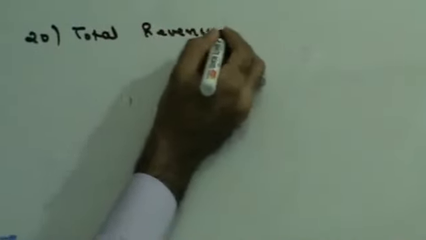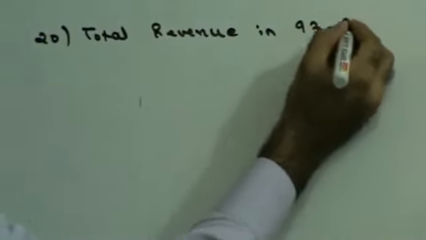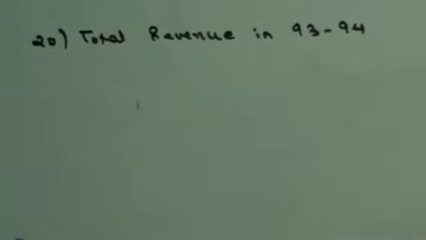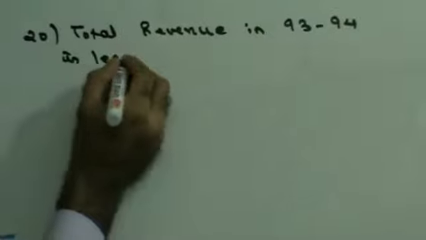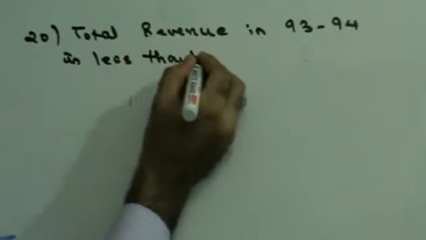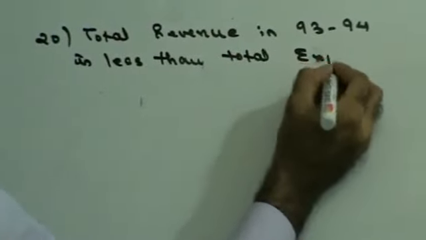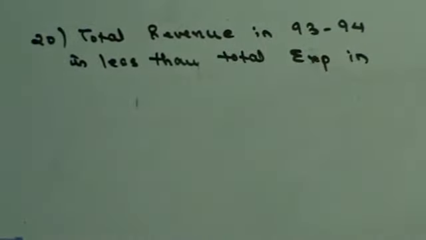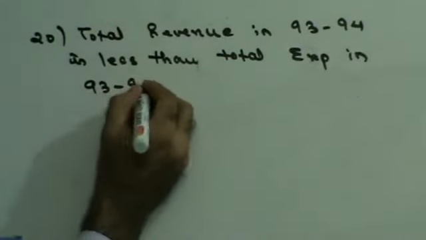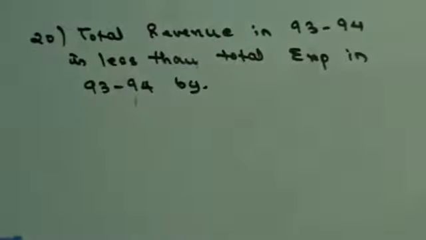Total revenue in 93-94 is less than total expenditure in 93-94 by how much?